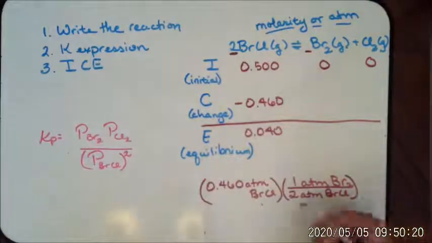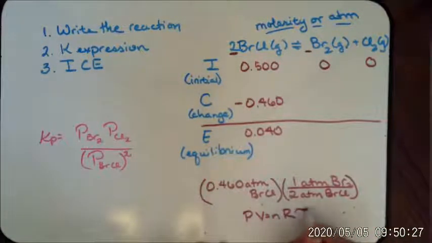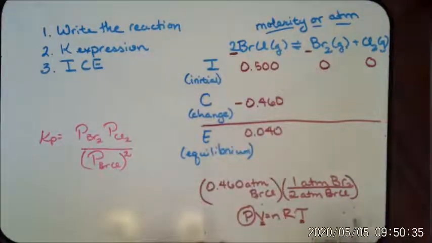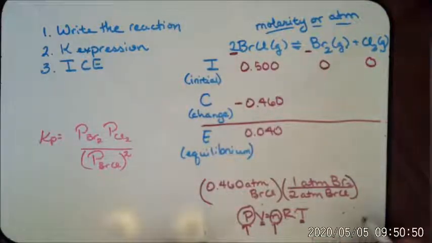Okay. Now, can I do this? Well, it turns out, if we look at PV equals nRT, we're in the same flask, so the volume is a constant and the temperature is a constant. We already said this is being run at 500 Kelvin. So these two are constants. So the only change is if I have a change in pressure, in partial pressure, that's going to be because I had a change in the number of moles.